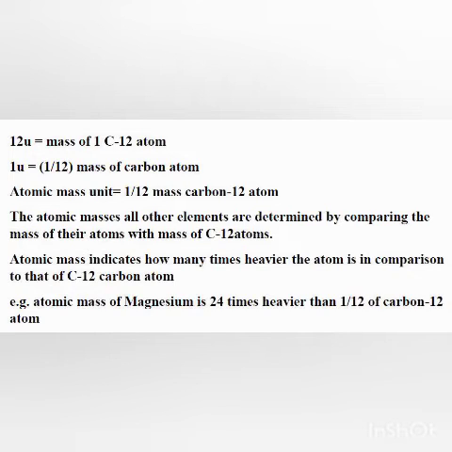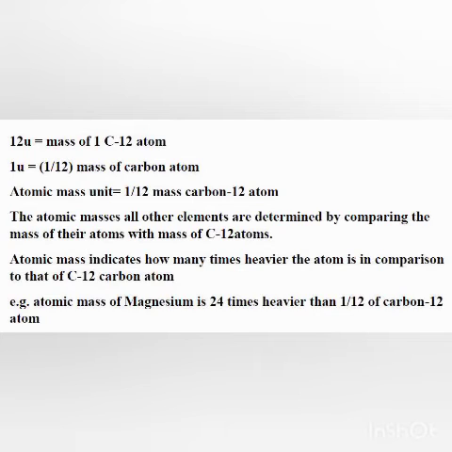For example, you can see here the atomic mass of an element indicates the number of times one atom of an element is heavier than 1/12th of a carbon-12 atom. So it indicates how many times a particular atom is heavier than that 1/12th of a carbon atom.